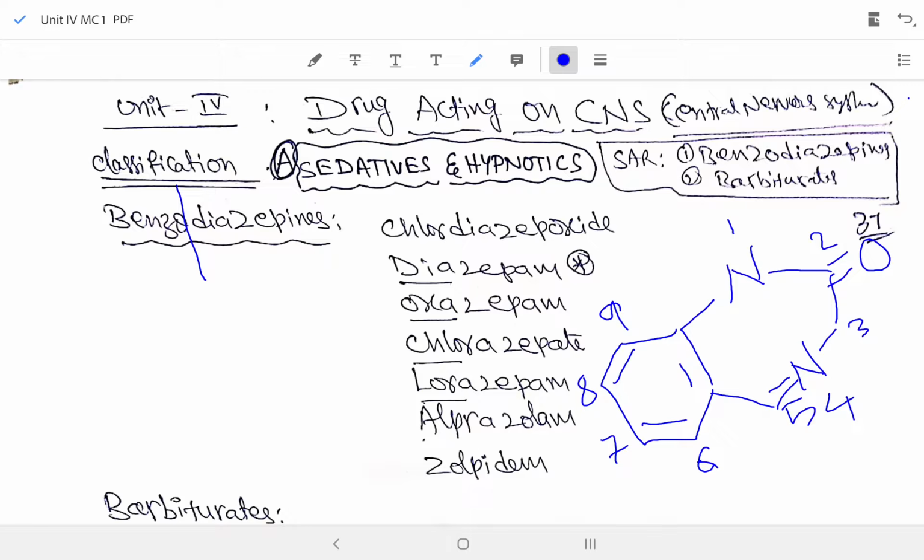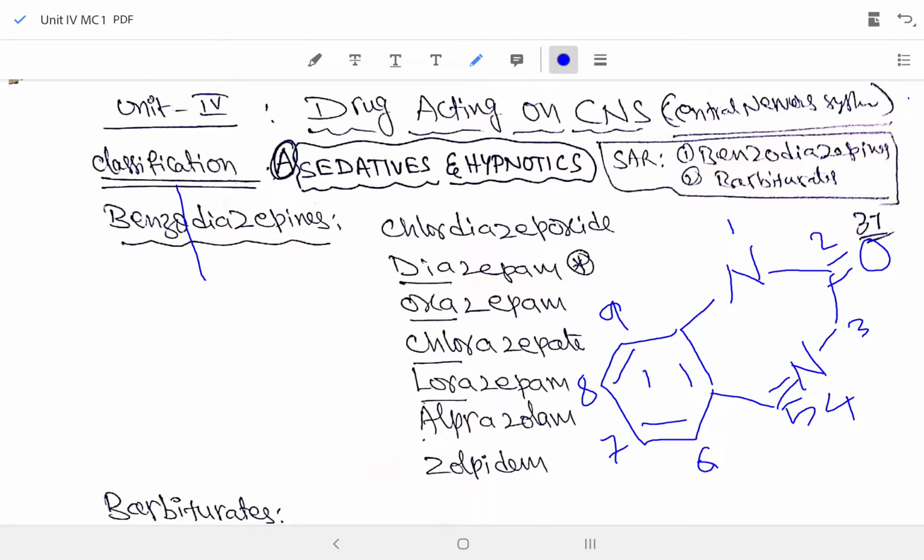So, if you remember this basic structure of benzodiazepine, the rest you can compare, the differences and similarities of the substituents among the drugs. For the structure-activity relationships, please refer to the notes that I have provided you earlier. The ring is divided into parts, and we will see in detail what is the structure-activity relationship.